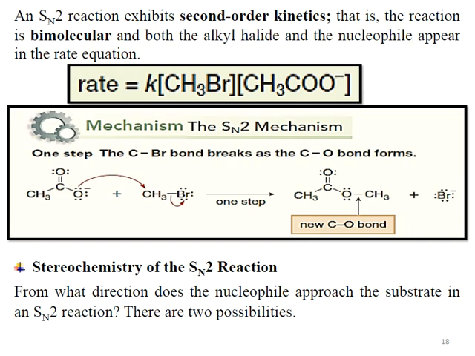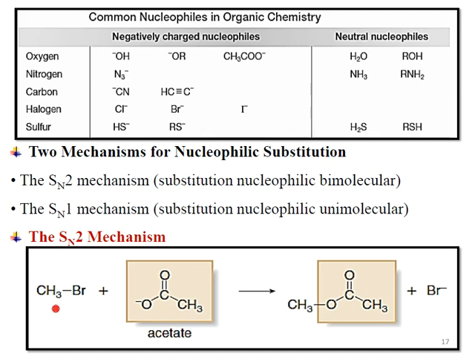If we go back again to here, that means if you increase the concentration of the alkyl halide, or the concentration of the nucleophile, the rate of reaction will increase. This is the meaning.